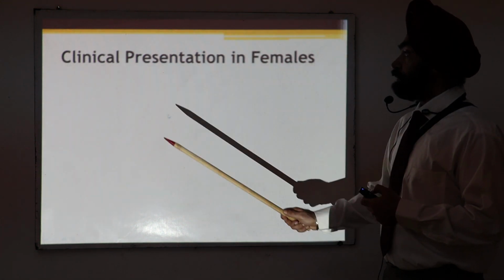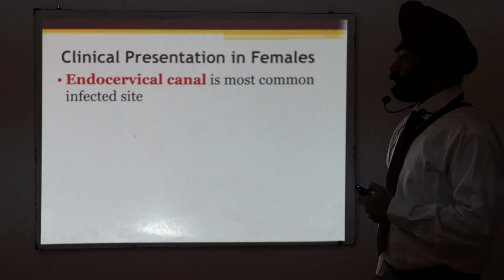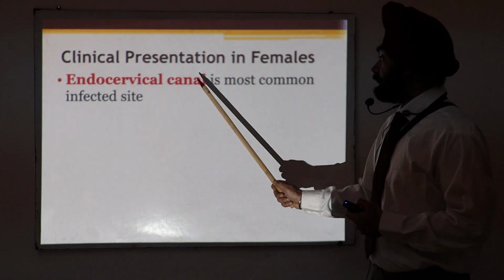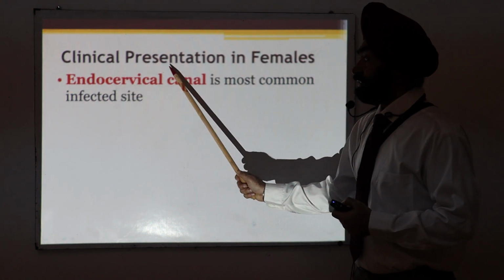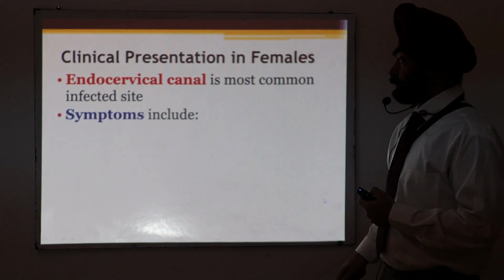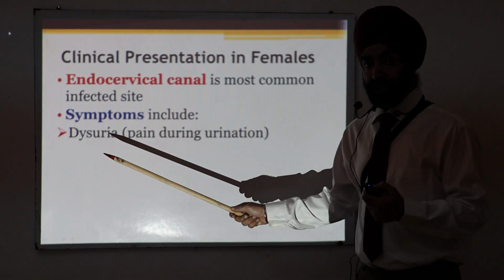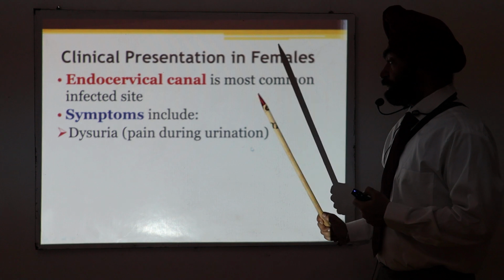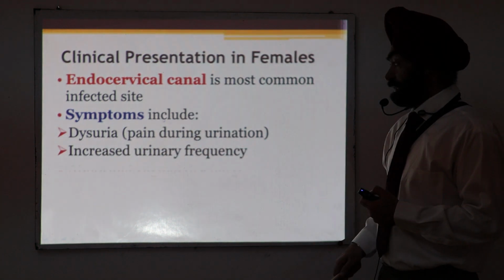Now, coming to the clinical presentation in females. In comparison to the urethra in males, in females the most commonly affected region is the endocervical canal. Symptoms are relatively similar to those in males: dysuria, that is pain during urination, and increased urinary frequency.